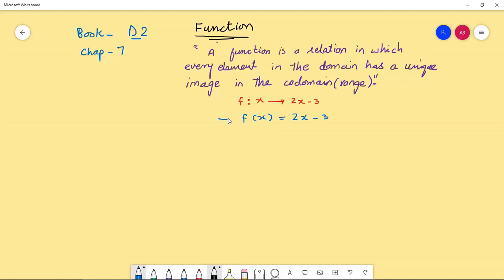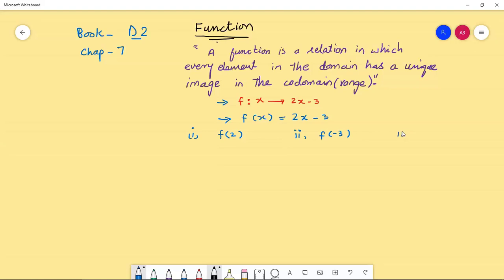Suppose this is given in the question: f of x is equal to 2x minus 3, or he will write f defined on x is equal to 2x minus 3. Then you can write it in the form f of x is equal to 2x minus 3. The first part is you have to find f of 2. The second part is you have to find f of minus 3.